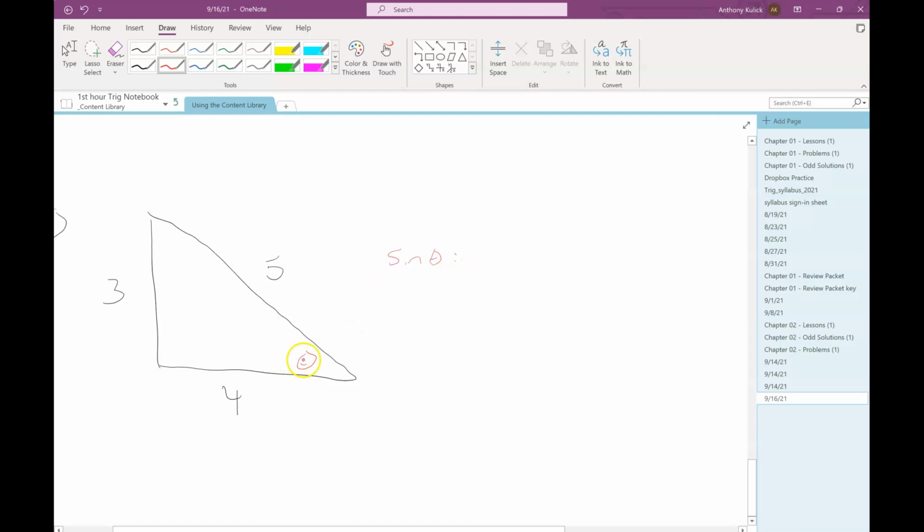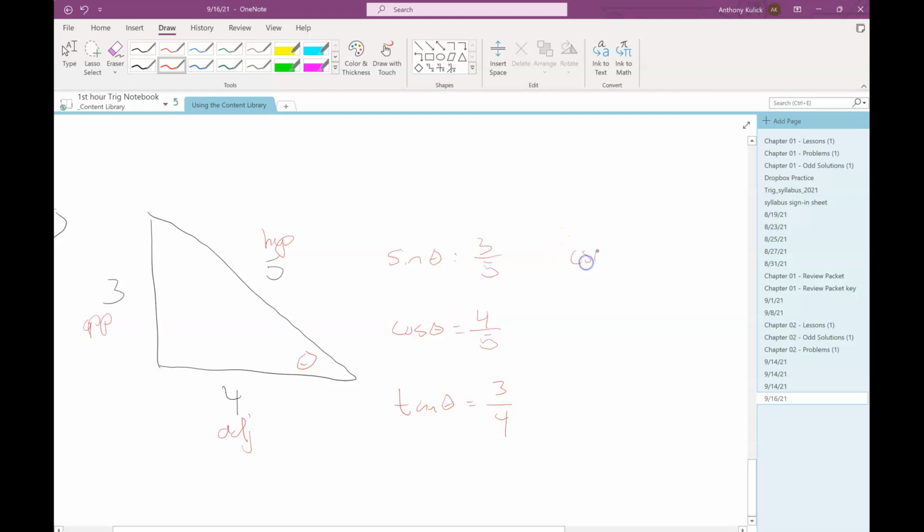So relative to this theta, this side is the opposite, this side is the adjacent, and this side is the hypotenuse, right? And I know sine theta is opposite over hypotenuse. Cosine is adjacent over hypotenuse. Tangent is opposite over adjacent.